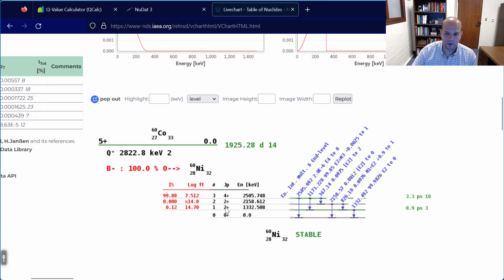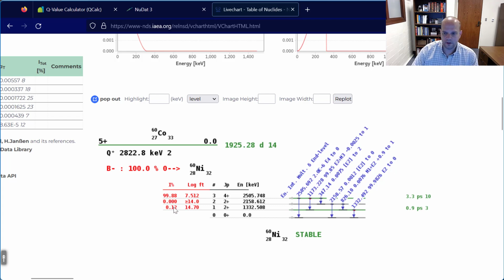It's going up 1, 2, 3 energy levels for this nickel-60. And so it's going from cobalt-60 at ground state to an excited state, the third excited state of that nickel-60. That's where almost all of it's going.